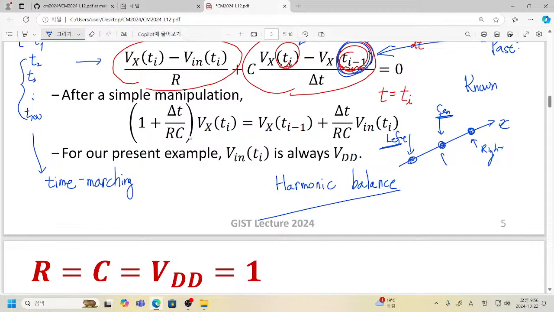Yes, in some sense it is inefficient, but the point is, if we consider a certain case of a periodic excitation and periodic response, then in some cases harmonic balance can be a much more efficient way to calculate system responses. Okay, but this is not the main topic of our talk today.